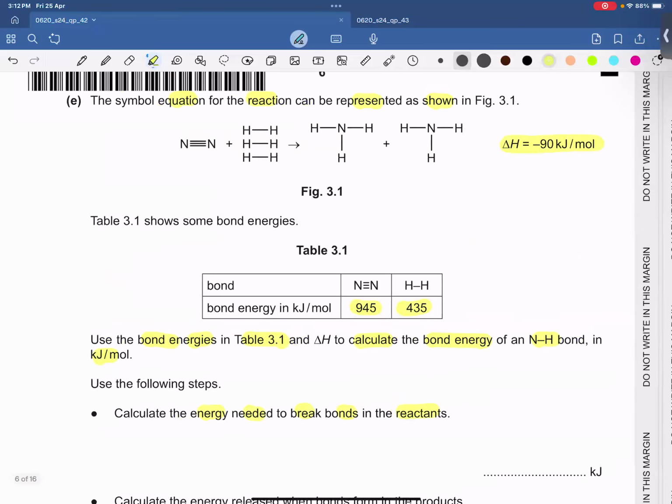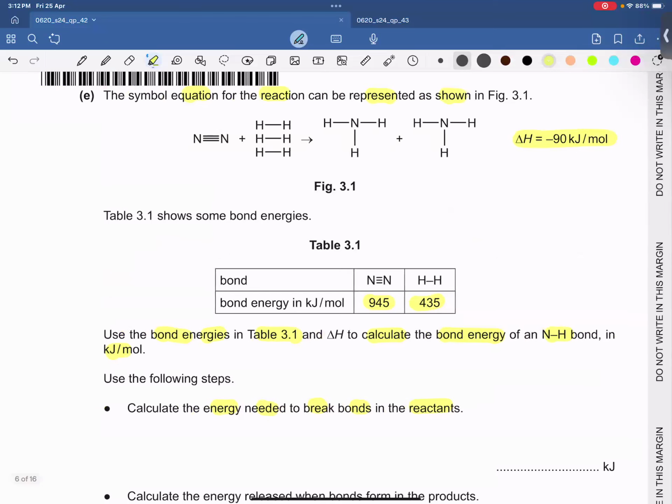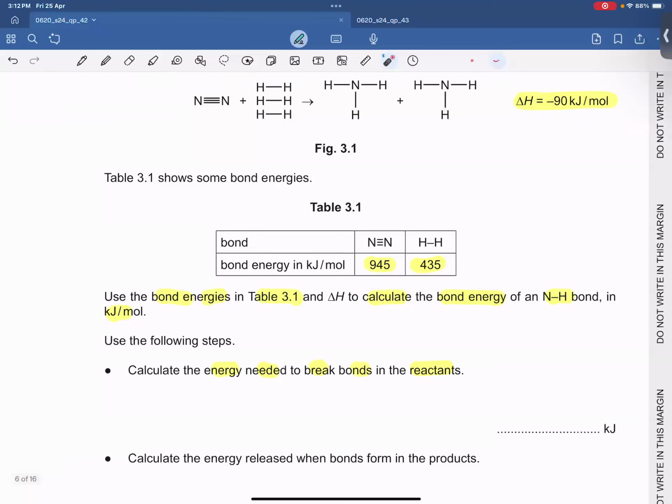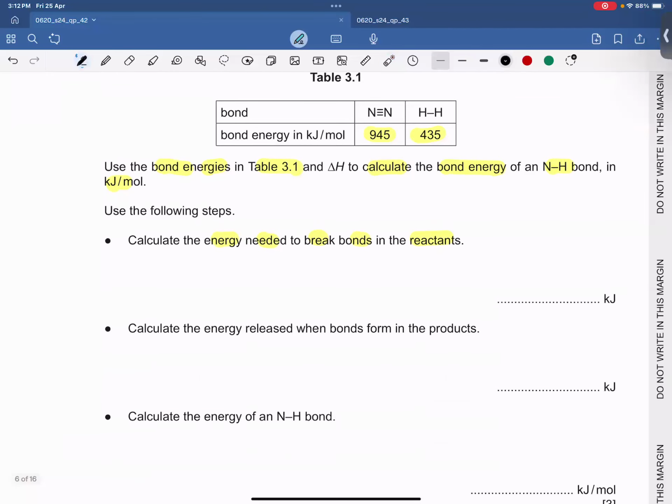So we have nitrogen molecule, we have 1 mole of nitrogen and we have 3 moles of hydrogen. So nitrogen has a bond energy of 945.